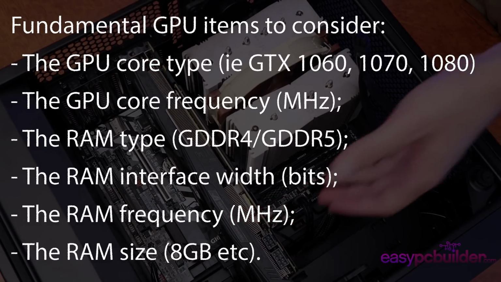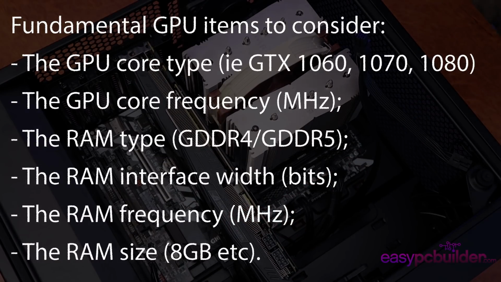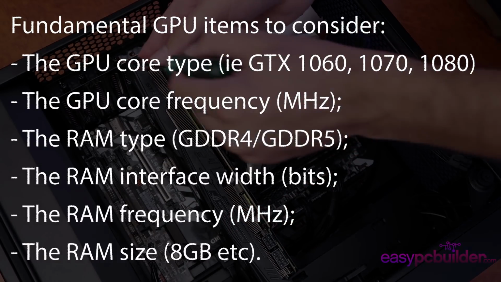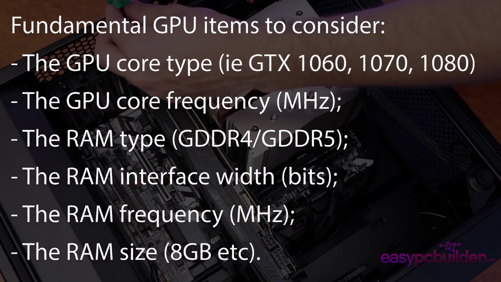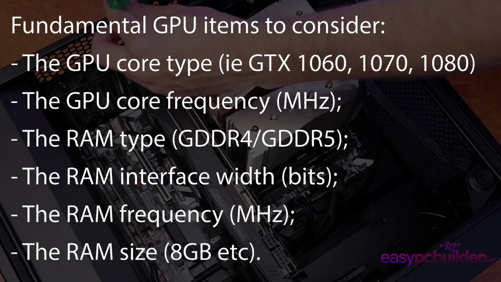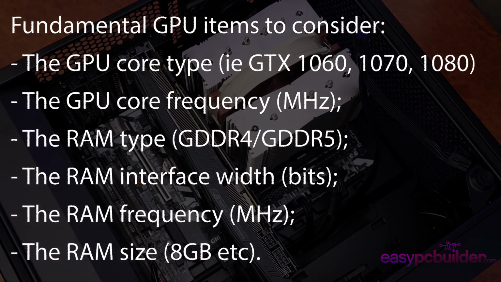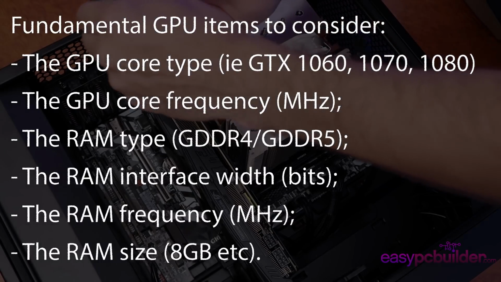Now, this list is ordered from what we believe most impacts performance to what least impacts performance. When you've chosen one or two cards that you deem best, either see reviews on websites, forums, and read their benchmarks online to compare the game performance to help you choose.